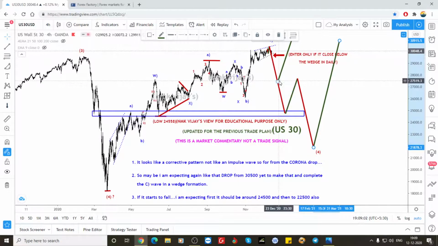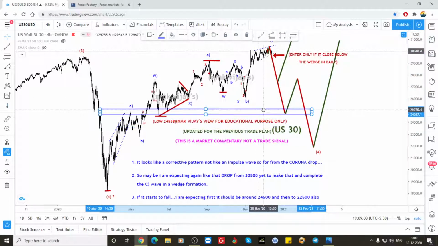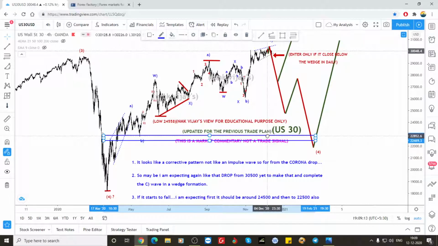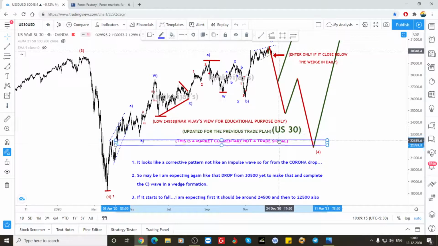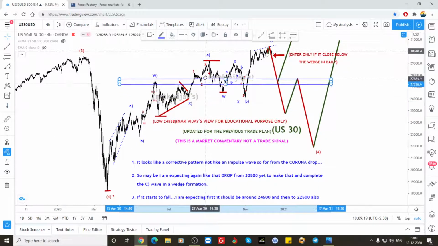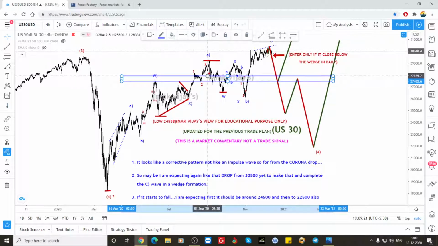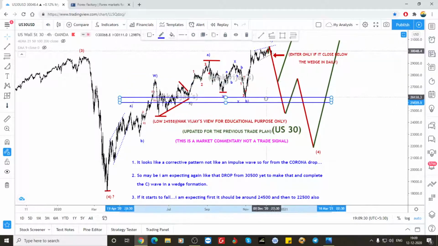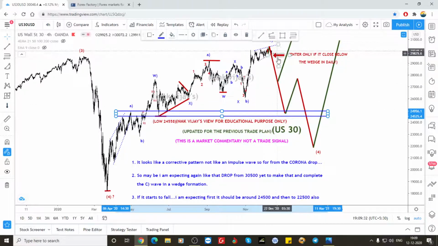First target may be here, and second is here. So let's see, because before that there are a lot of things in the intermediate wave. So this could drop here, and then it can shoot. That is why I have explained.